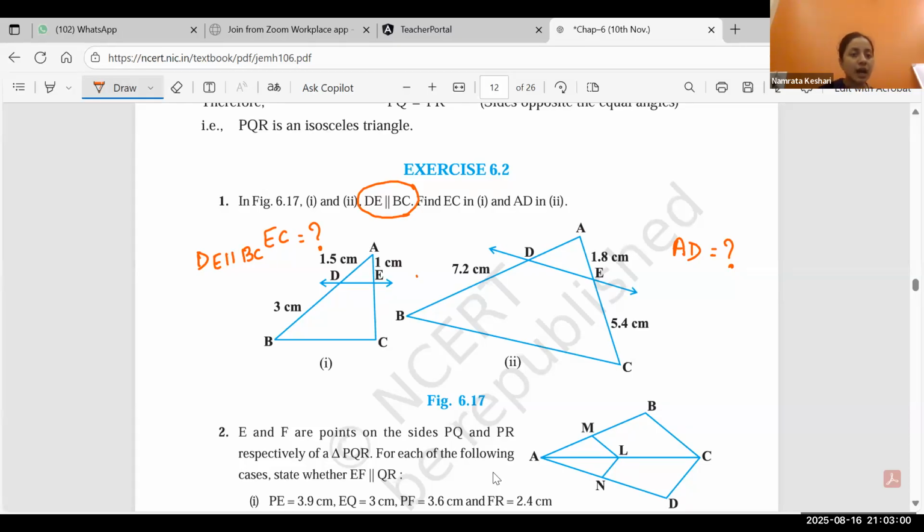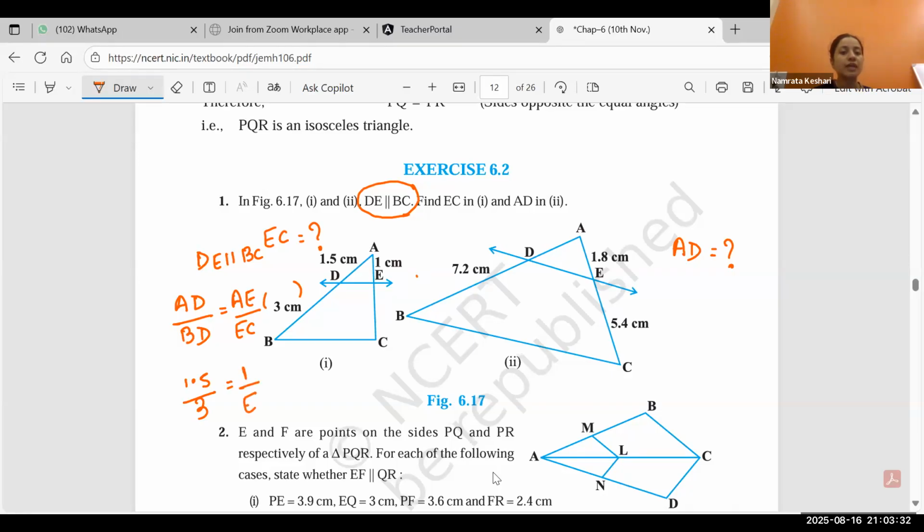We will write by ourselves that the ratio of AD to BD will be equal to AE to EC, by basic proportionality theorem, in the bracket. Then we just put all the values. Here AD is 1.5, BD is 3 centimeter. While writing this, be careful with the unit. Here the units are also the same, centimeter, centimeter, by EC.